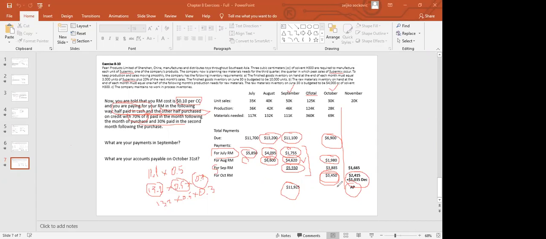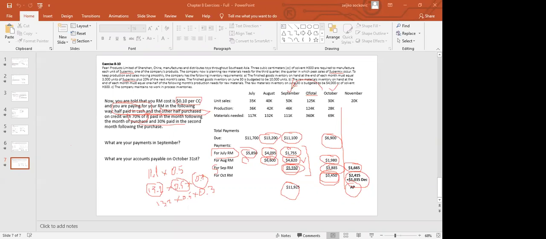And then I have to pay what? So I step back and I say, well, September, half of it I paid in cash in September, but of the other half, 70% I paid in October. So that's not accounts payable, but 30% of the half is accounts payable. So that's 1,665.